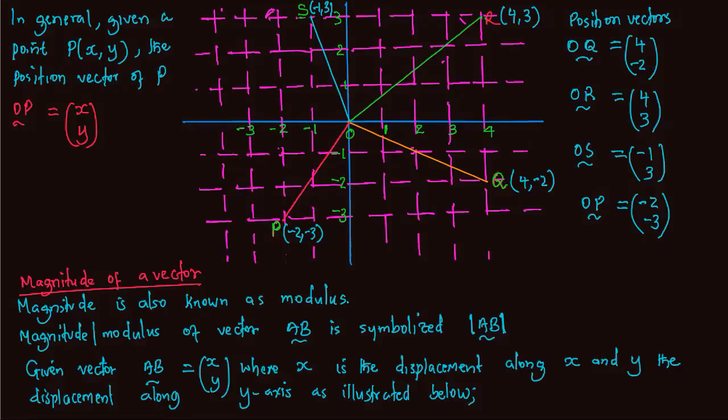Let us look at the magnitude of a vector. Magnitude is also known as modulus, or the length of the vector.